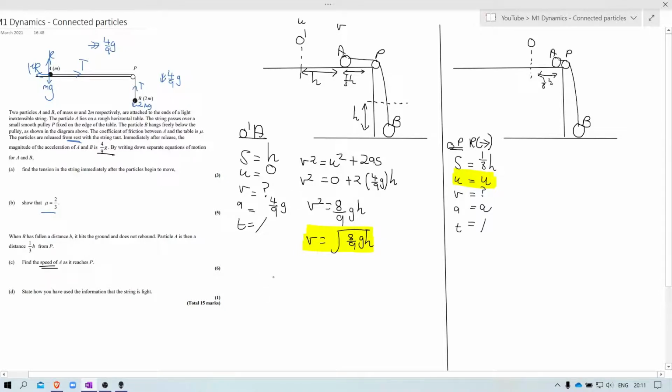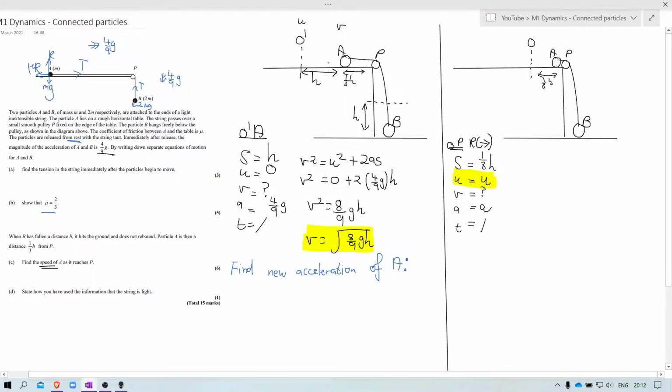What am I going to do in blue? In blue, I'm going to find the new acceleration of A.